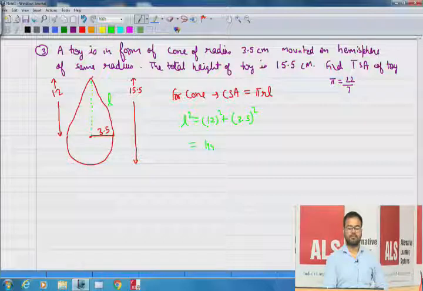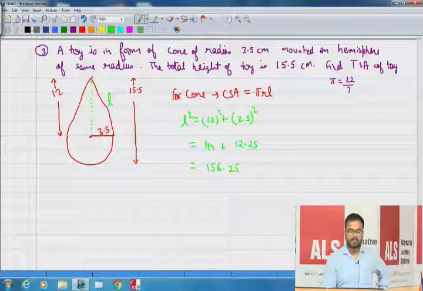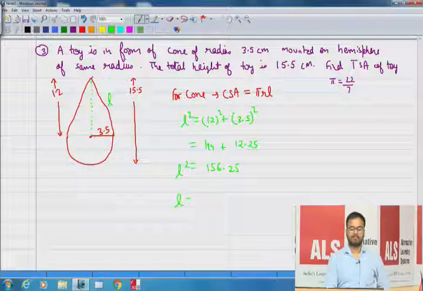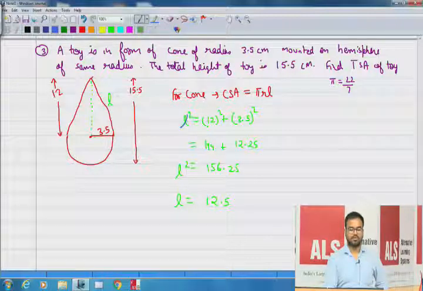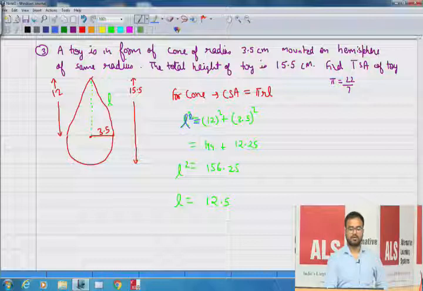This will be 144 and this will be 12.25 and that will be 156.25. So L square is this one, so L will be 12.5. Okay. Now is it visible, Shillong?